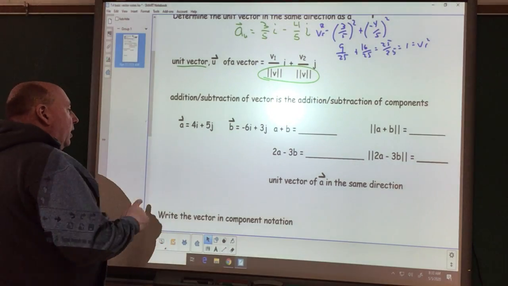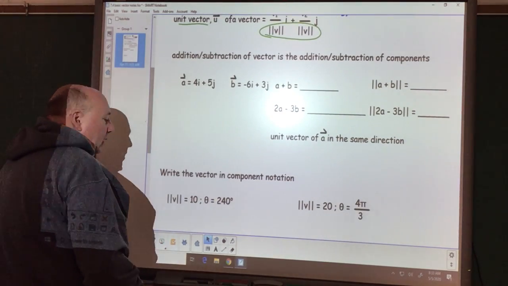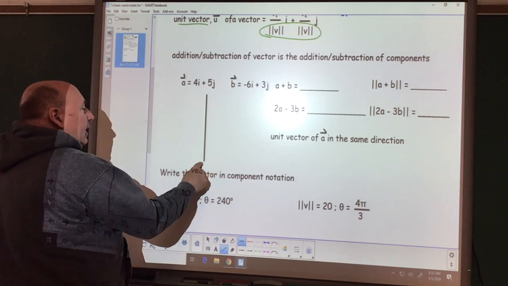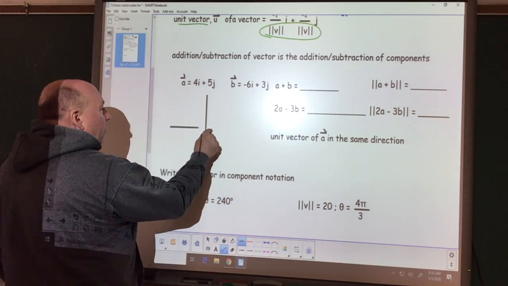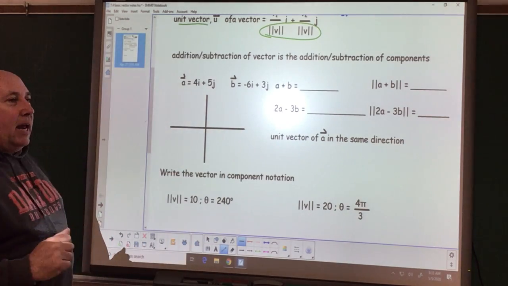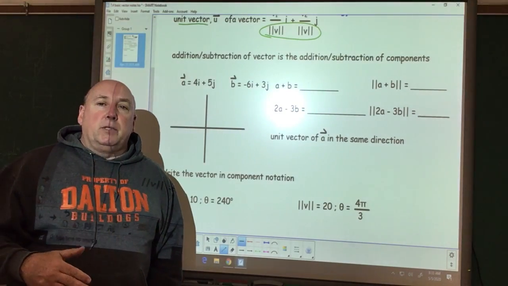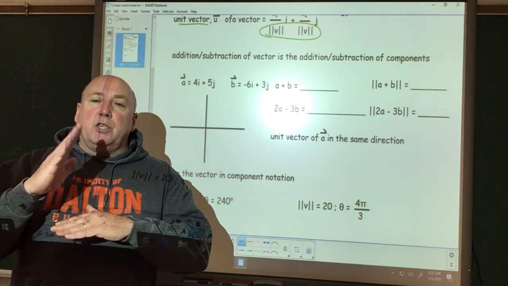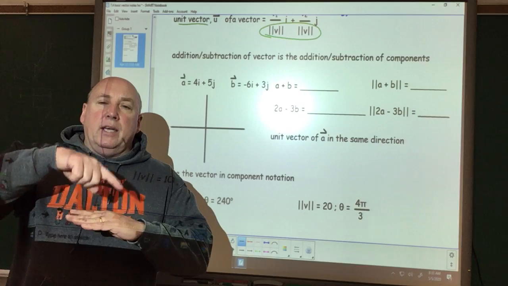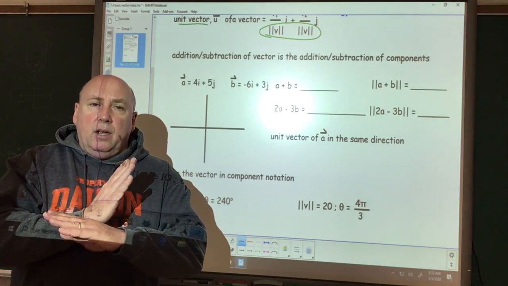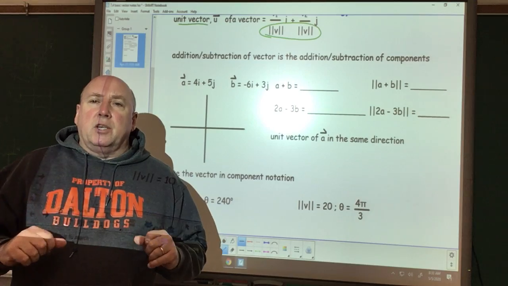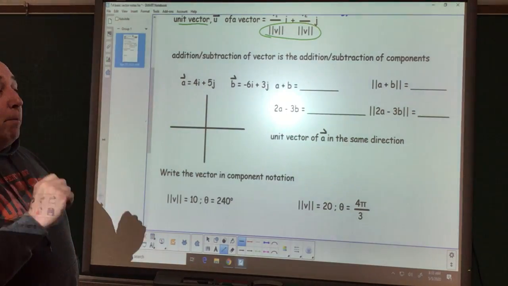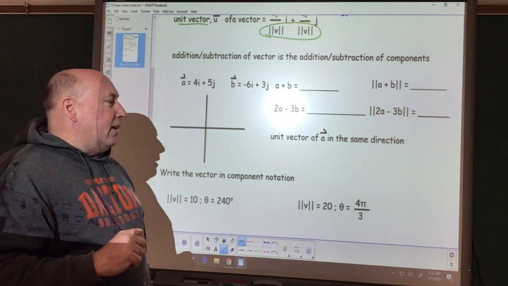Now, if we take a look at what we have here, I want to add A plus B to find the result of A plus B. Well, what we did back in trig is draw two vectors together, draw in the third side of the triangle, and use our law of sines and cosines to determine the magnitude of the resultant vector. What do components allow us to do if we can break things down into components?